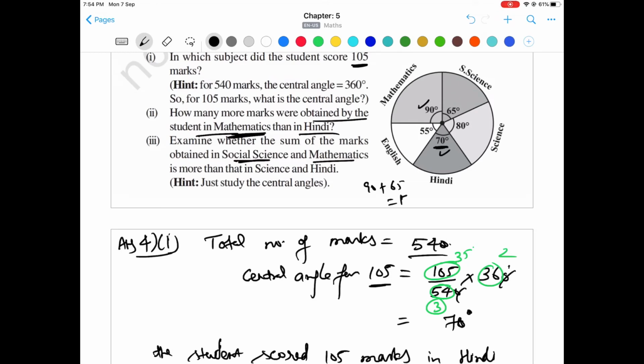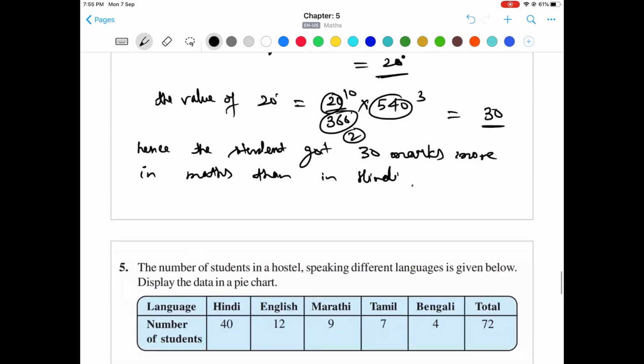So the sum is 155, and the central angle for science and Hindi is, let's write it here, for science it is 80 and for Hindi is 70, and the sum is 150. Okay, so it says examine whether the sum of the marks obtained in social science and maths is more than the science and Hindi. So answer for this one is yes.